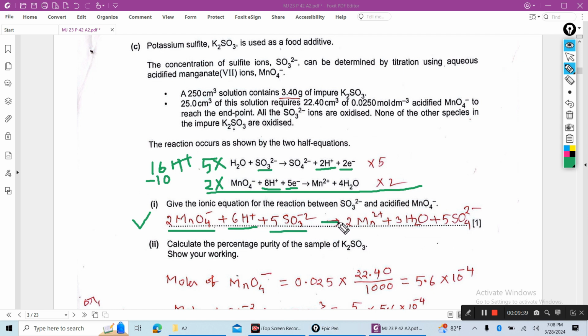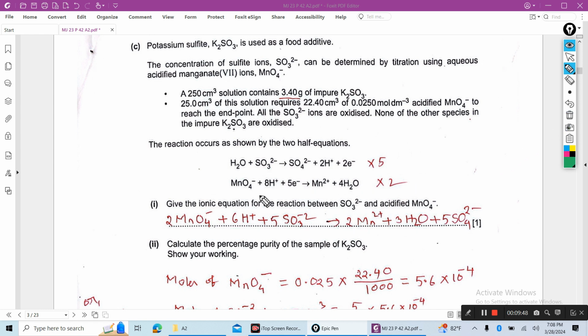Now right hand side, as 2 is multiplied, 2 Mn2+ ions. Water: now this is 4 times 2, 8 water. Now 5 times 1 is 5, so 8 minus 5, right hand side 3 moles of water. Then sulfide ion, 1 times 5, 5 sulfate ions. This is the ionic equation for the reaction between sulfide ion and acidified manganate ion.